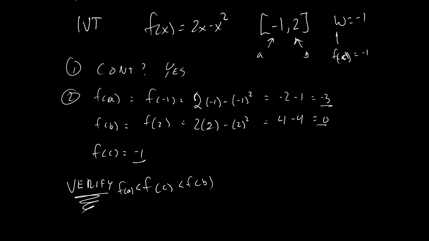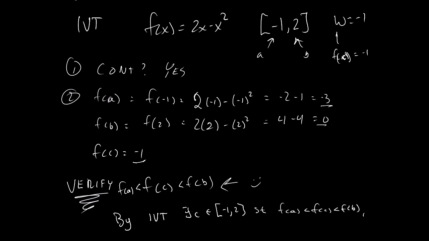They're strictly less than. So to verify, I have to show this. I showed this, I'm happy. So now I can say, by the intermediate value theorem, I know there has to be a c value in this interval such that my f of a is less than my f of c, which is less than my f of b. That's what I have to do for part A.